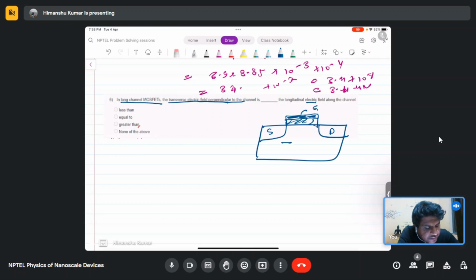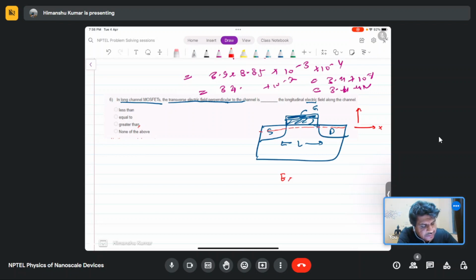If we consider this direction as x, this direction is y.